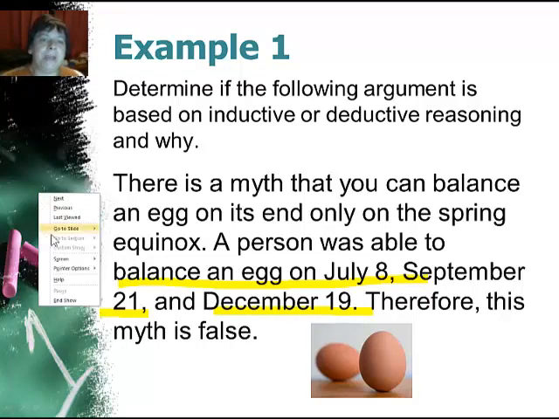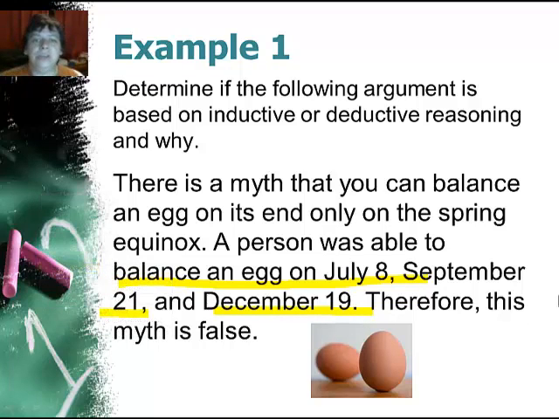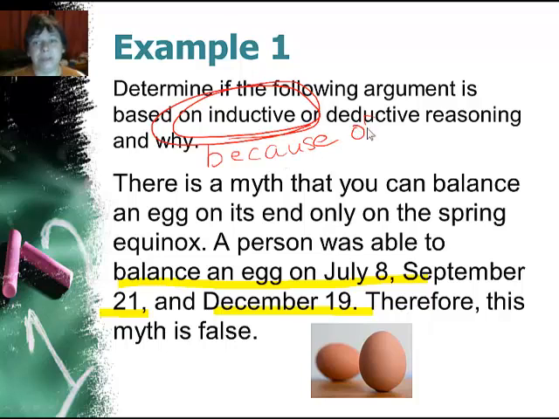All of these are based on observation. So using observation to prove an argument true or false is inductive reasoning. So our answer in this case is inductive reasoning, because it's based on observation, because of counterexamples, really. Now, deductive reasoning would have been using rules.